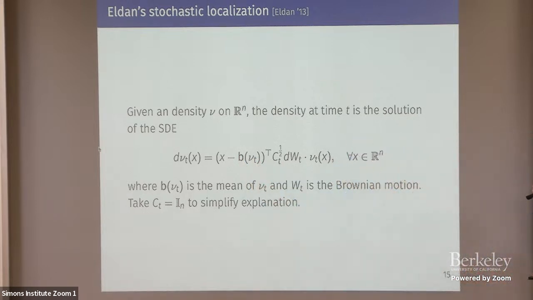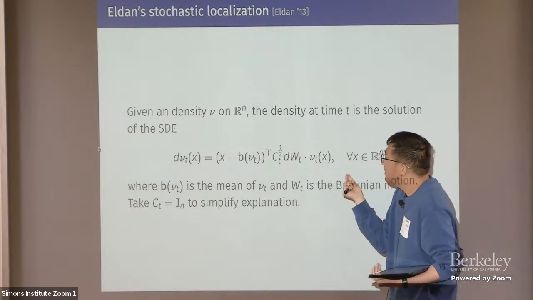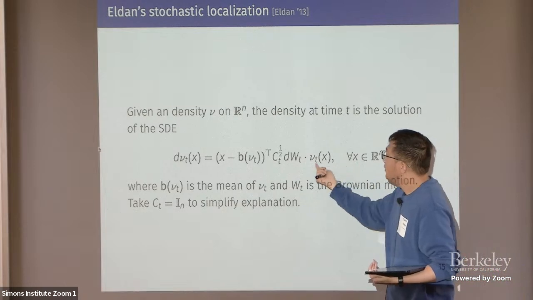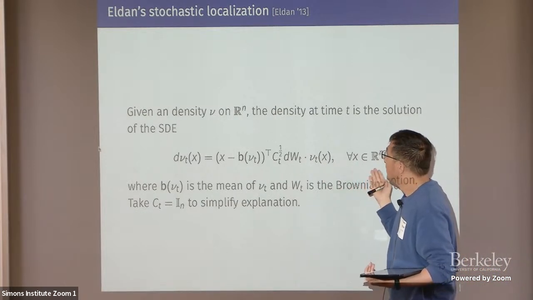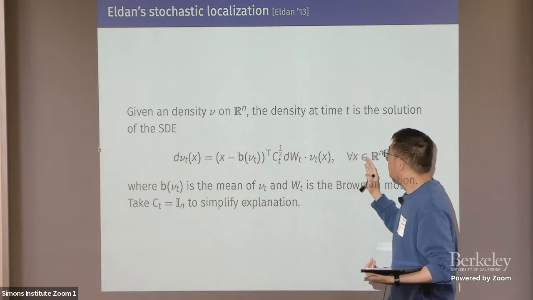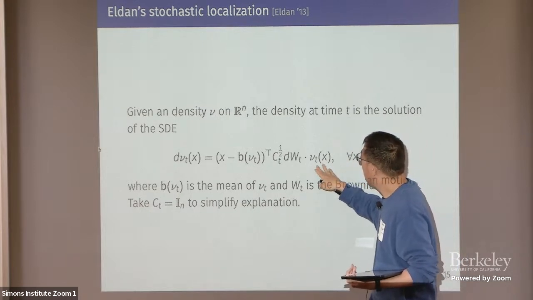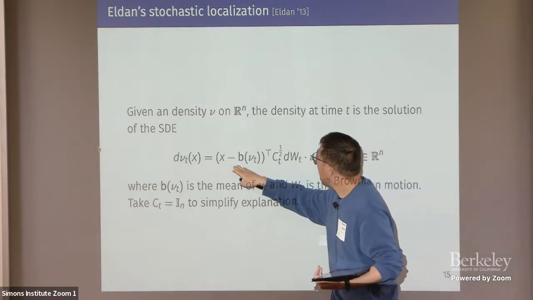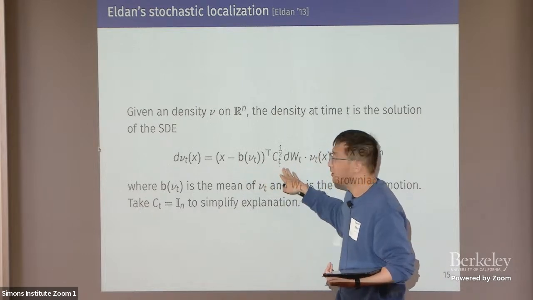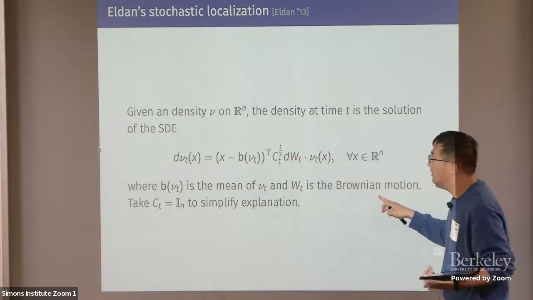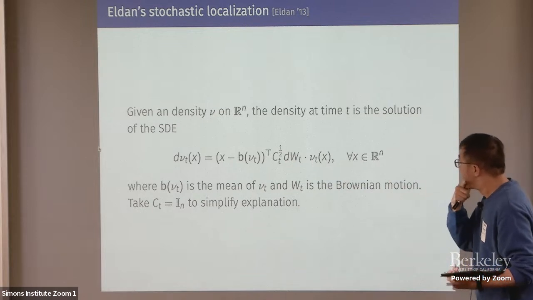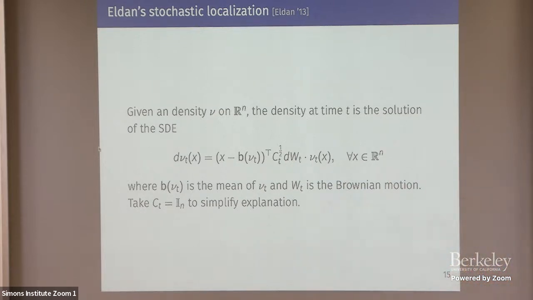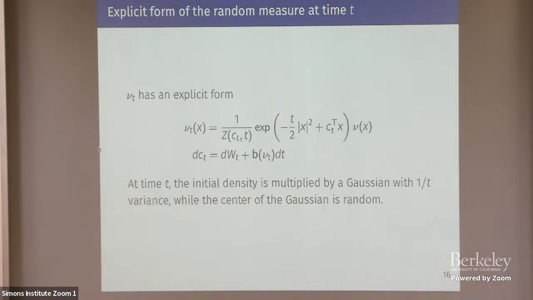You can think about it as, at infinitesimal time from t to t plus dt, you basically randomly multiply your measure by some randomly tilted linear function, and the randomness is in this Brownian motion. It looks scary like this, but actually you can get an explicit form of the measure at time t.